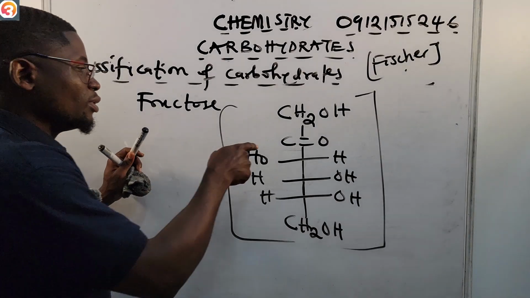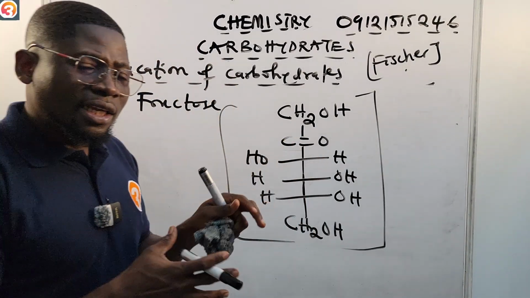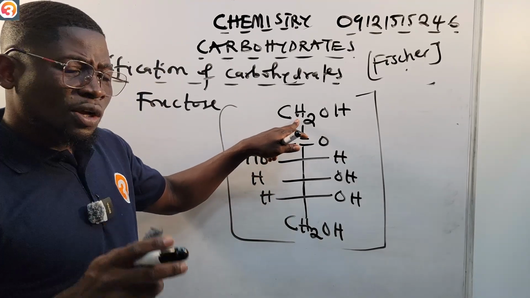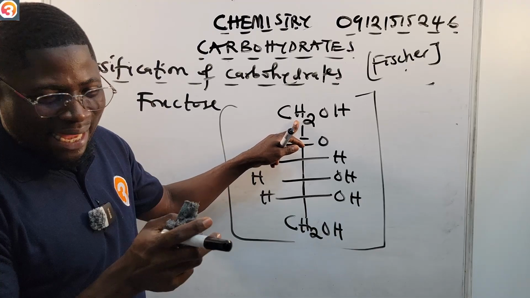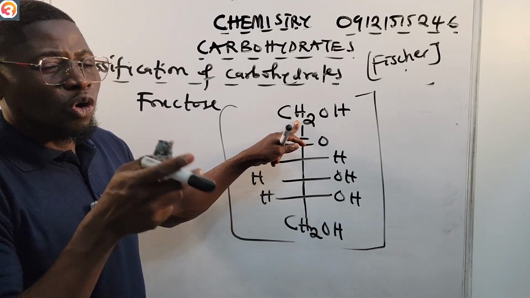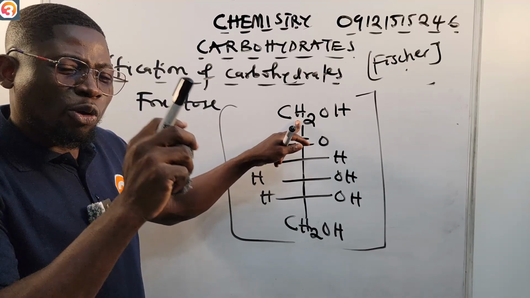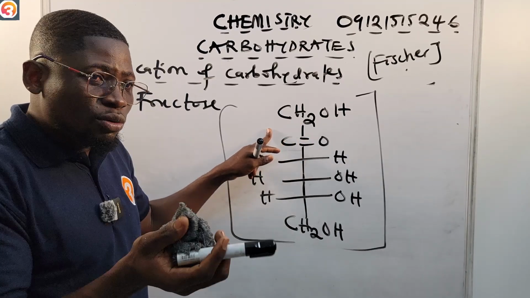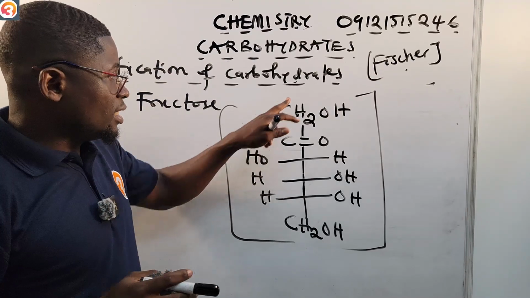The fructose has a ketone functional group. Now, you see why for glucose the aldehyde functional group was at the top: aldehydes cannot appear at the middle of a chain. They can only appear on the first carbon. But a ketone can never be on the first carbon.